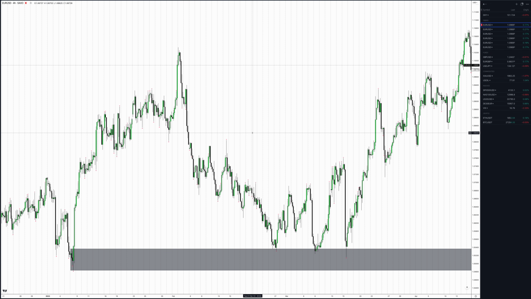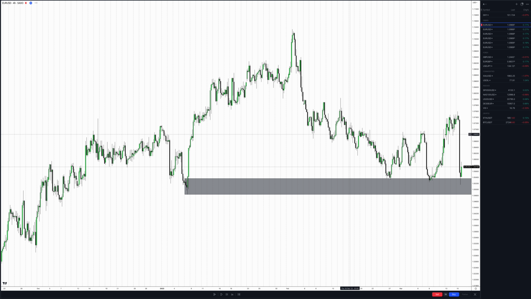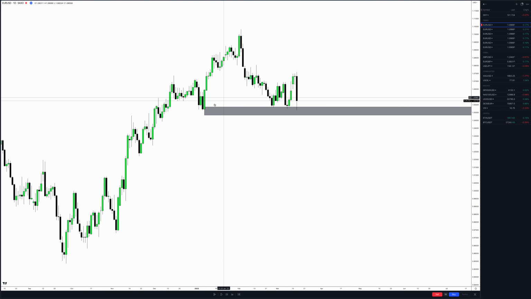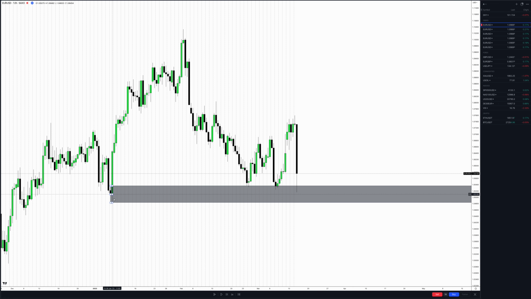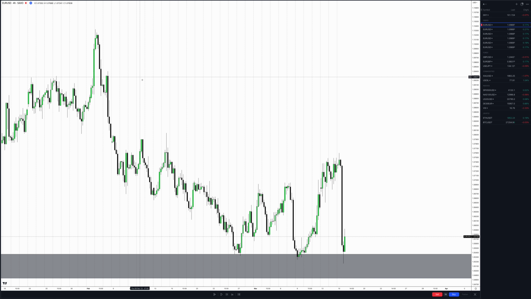So, let's use replay. Here we knew that daily structure was still up, okay? And we were in an H12 bullish order block. But yet, every time they were going up, somebody was selling big time.